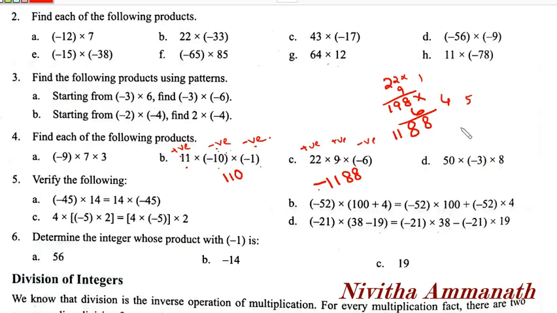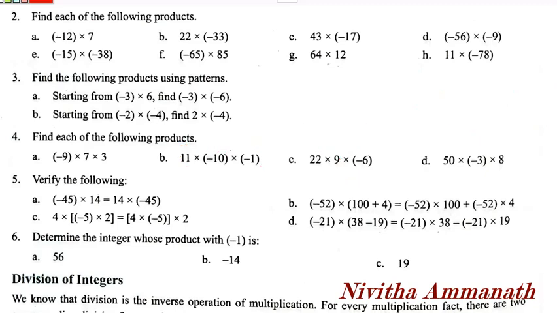So, the answer will be negative only. 50 into 3, 150. 150 into 8. So, 0, 8 5s are 40, 4, 1 8 is 8, 8 plus 4, 12. So, the answer will be negative 1200.